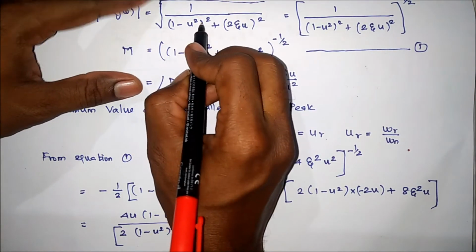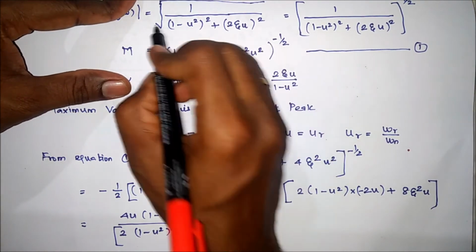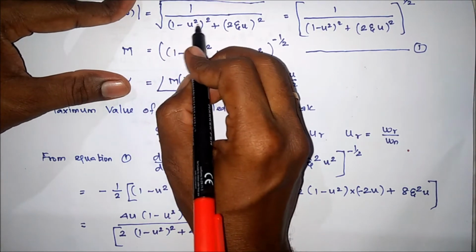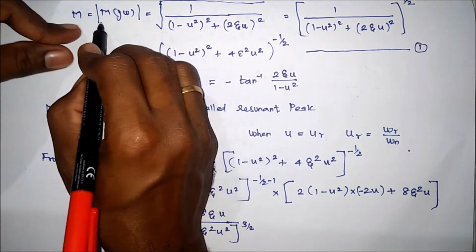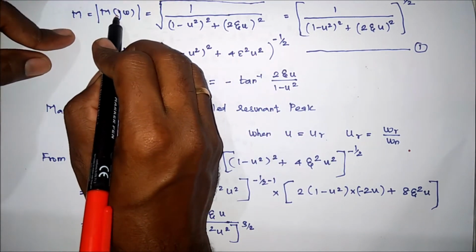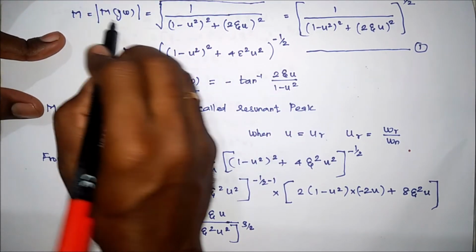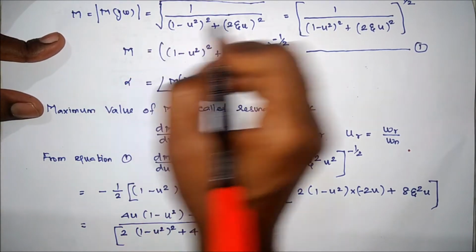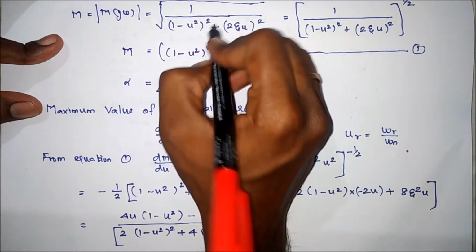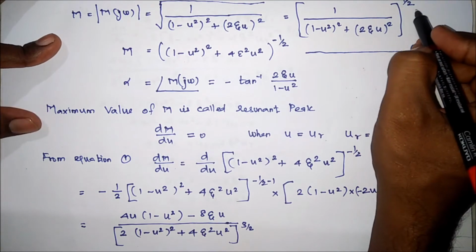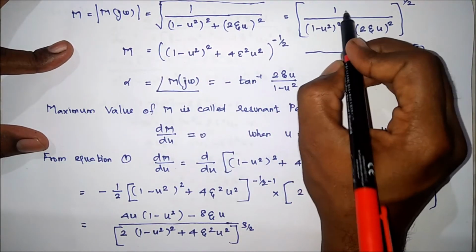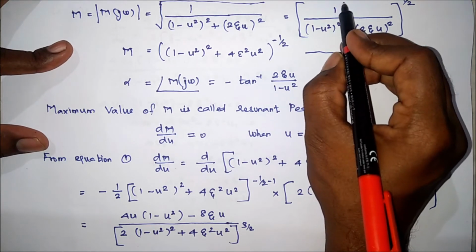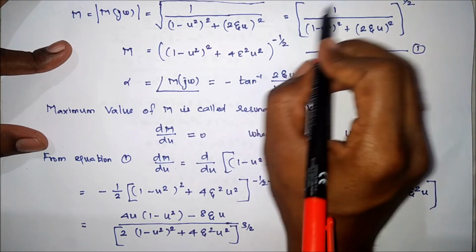So this is real part square, imaginary part square, square root of 1 divided by real part square plus imaginary part square equal to magnitude of this transfer function. So now instead of the square root we can write the entire value into whole power 1 by 2. So now M equal to, so now suppose here 1 is available, 1 power 1 by 2 or square root of 1 is 1.